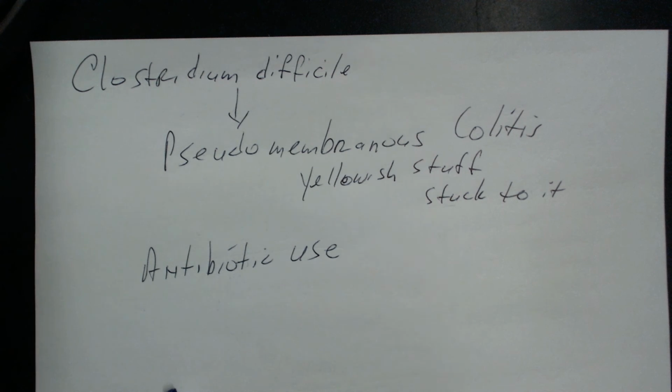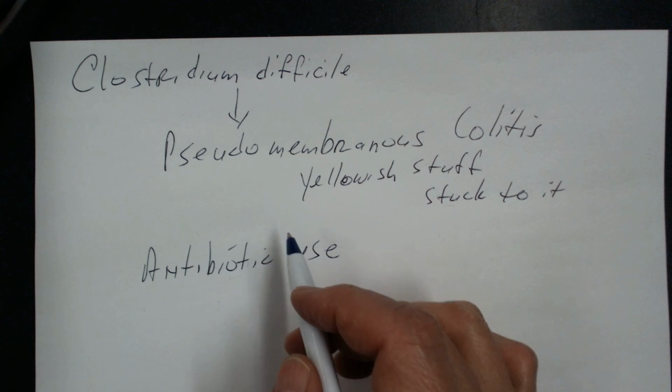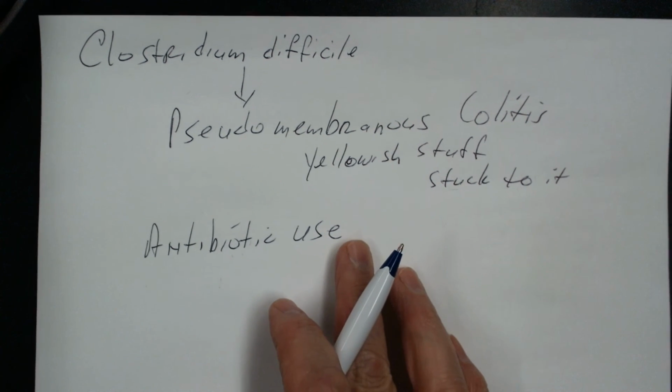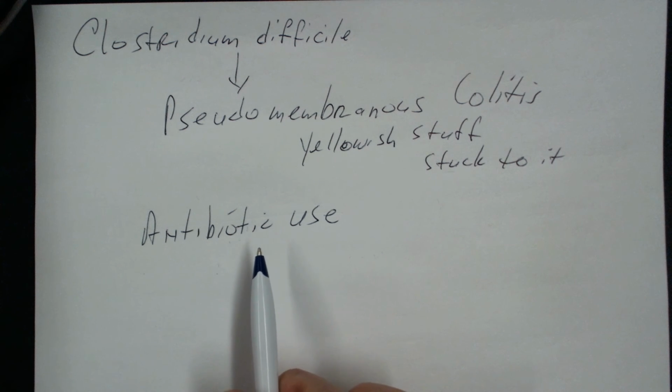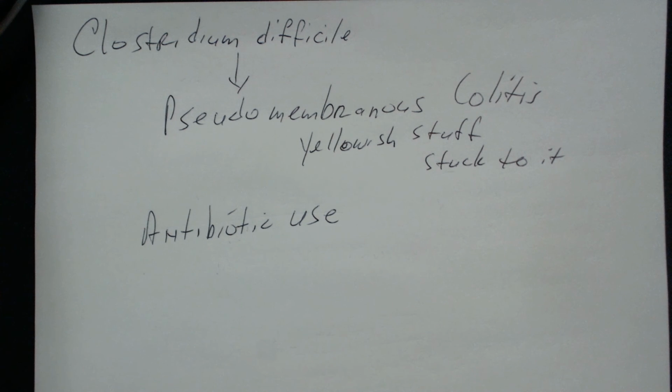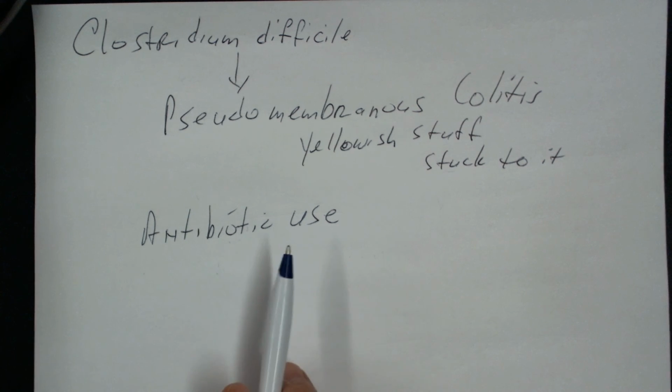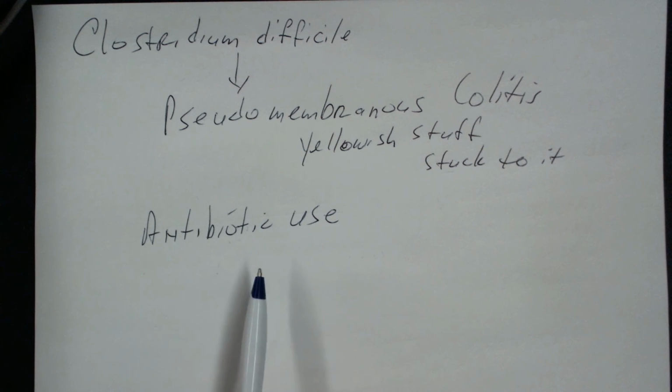And if you have a hospital where people are being treated with lots of antibiotics, this can get passed around the hospital. In England, they don't allow hospital staff to wear ties because it turns out the ties, as a physician bent over, were getting on the patients, and that's how patients were getting inoculated with Clostridium difficile.